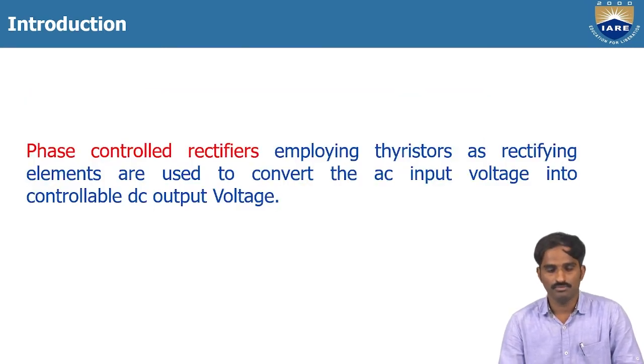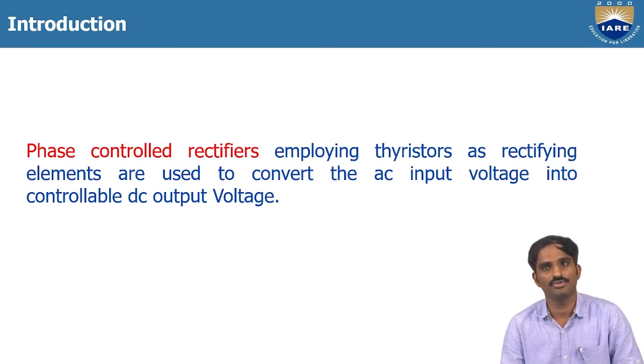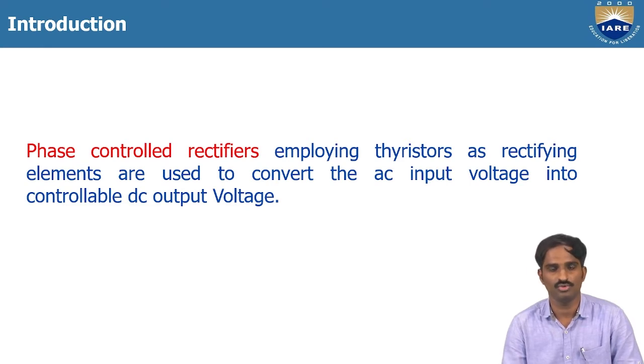Then coming to the main topic, which is the phase controlled rectifier. What is a phase controlled rectifier actually? Phase controlled rectifiers employing thyristors as rectifying elements are used to convert the AC input voltage into a controllable DC output voltage.